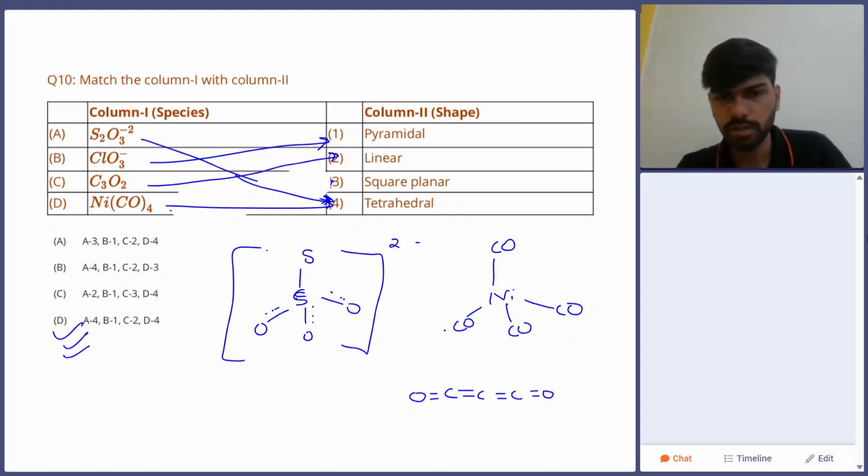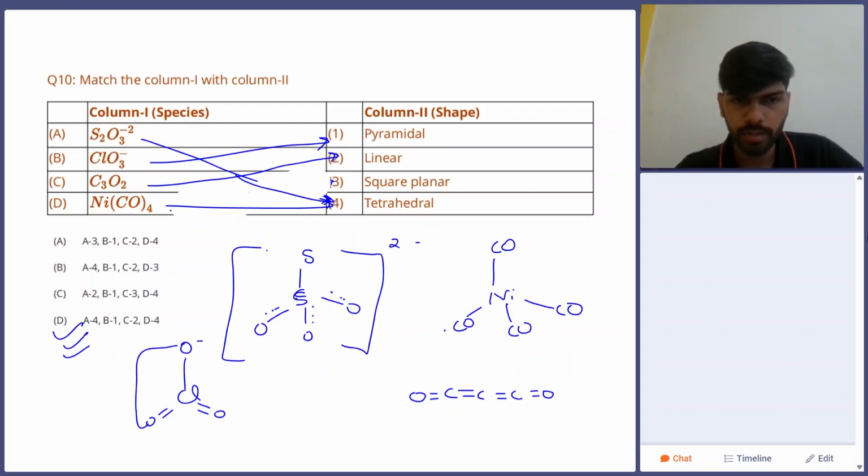That is also simple. ClO3 minus is Cl double bond O double bond O, and one also you can say O minus. This is the way that you have to represent.